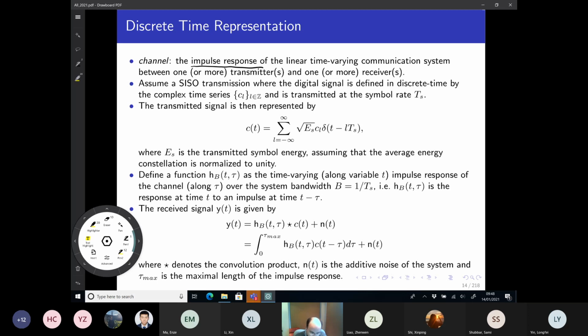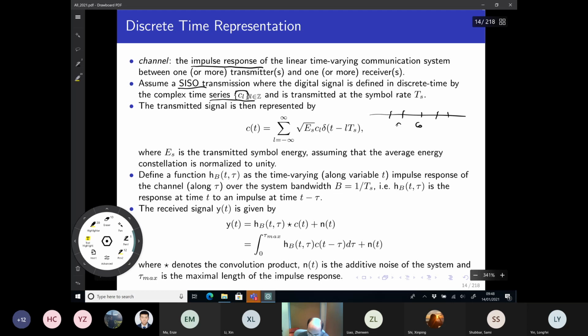Right, so for the time being here, let's assume we have a SISO transmission. SISO means single input, single output. So I have really one transmit antenna, one receive antenna. And what I want to transmit is a series of complex symbols, c_l, right? So I have a series here of symbols that I transmit.